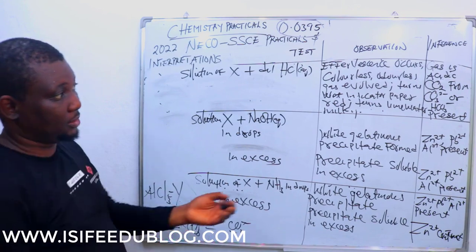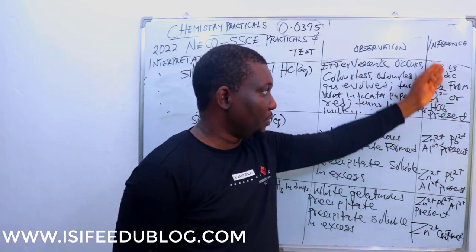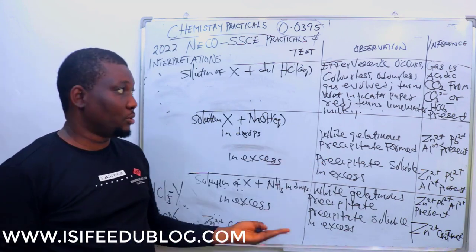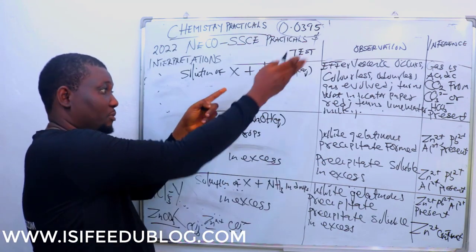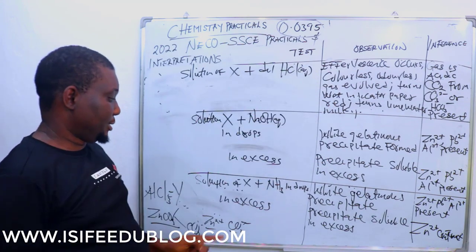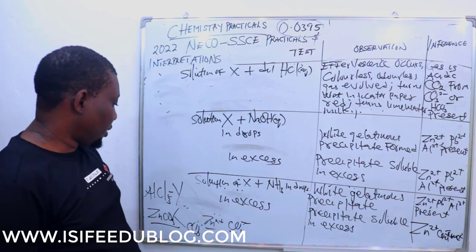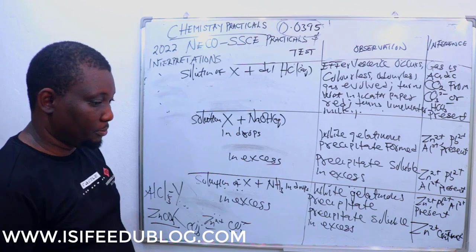So with this inference, you should already know that it's a salt, even though you didn't know it from what you have seen here. X is zinc carbonate, because that's what is playing out there. So we go straight to Y, which is aluminum chloride.